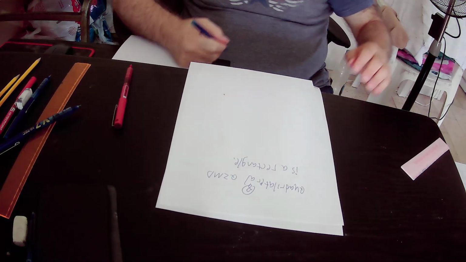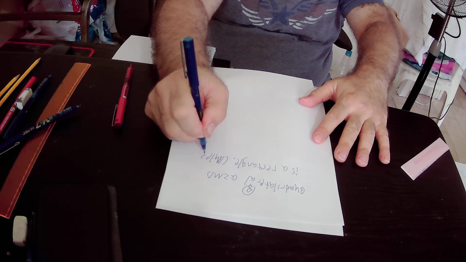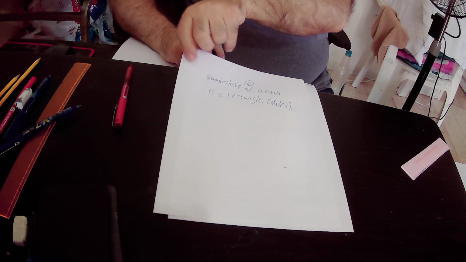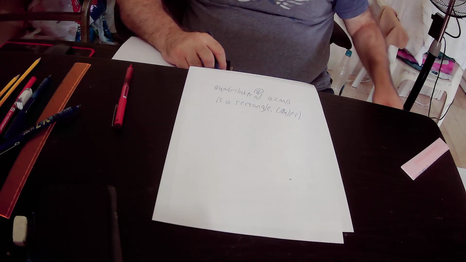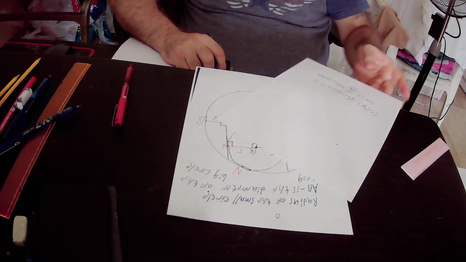I will read again the things that I wrote. Quadrilateral QZMD is a rectangle according to rule number 3.